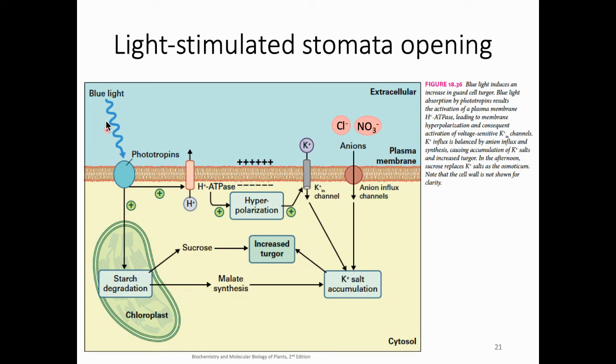Again, blue light can stimulate starch degradation. When the starch degrades, you will get more sucrose, and both sucrose and salt can lower the solute potential, and water can move into the cells and increase the turgor pressure, and cells will get swollen.